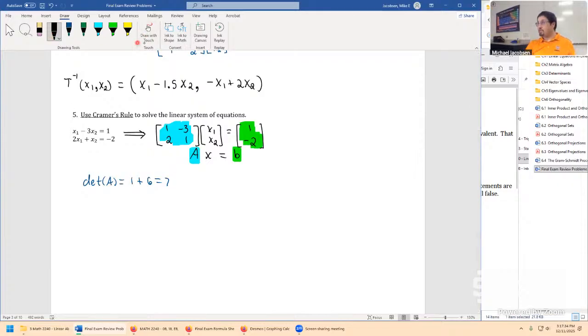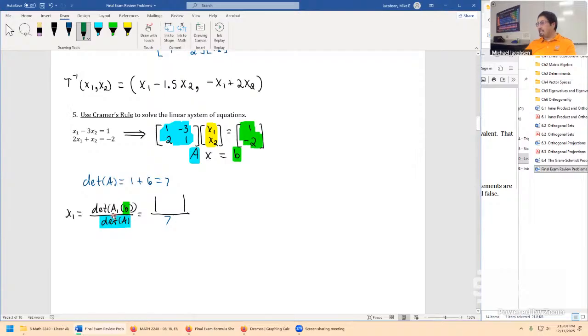Then after that, we're just solving for x1, x2. We're just about done. We take x1. It's going to be determinant A1(b) divided by determinant A. So that means the denominator is done. We've got a 7 down there. Determinant A1(b), though, we have to be a little bit more mindful of.